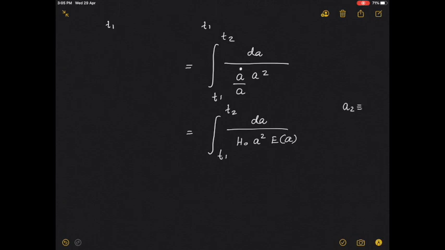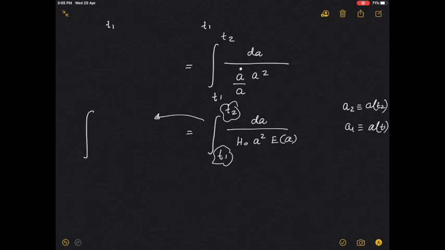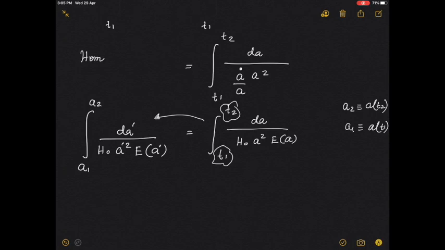If I choose a2 as a at t2 and a1 as a at t1, then I can change these limits also, which I should if I am integrating over da. So this becomes the integral from a1 to a2, and for sanity I put primes inside the integrand. That is the integral now in terms of a.